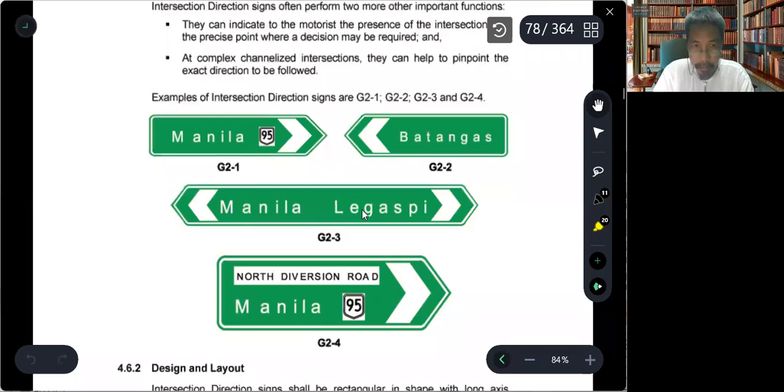And we have G2-3, Manila, Legazpi, being put up at the intersection. So going to the left is going to Manila, going to the right is going to Legazpi. Actually, Legazpi is Bicol. And G2-4, we have what? Intersection direction signs, North Diversion Road. Manila, 95 kilometers. Okay, so those are examples of intersection direction signs.